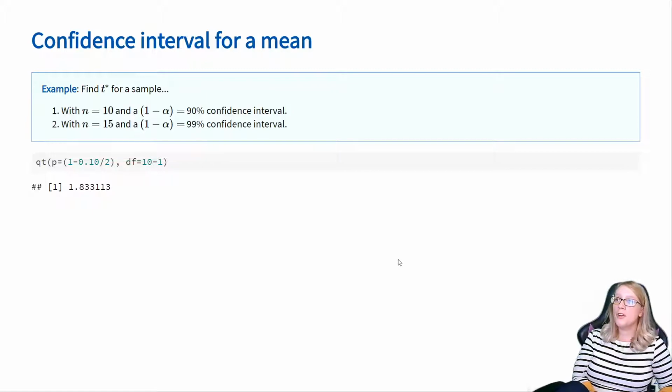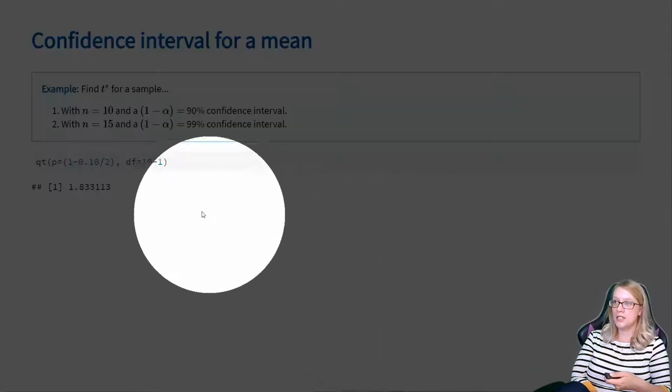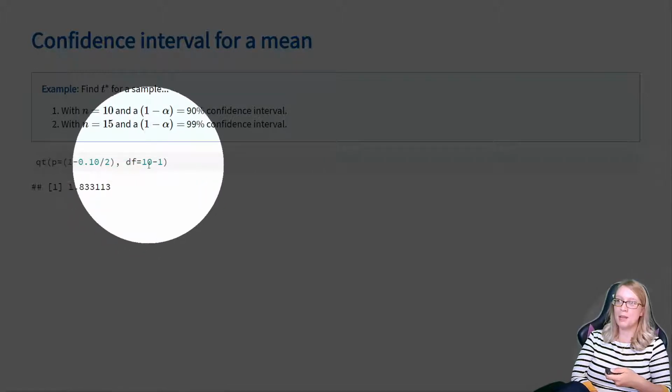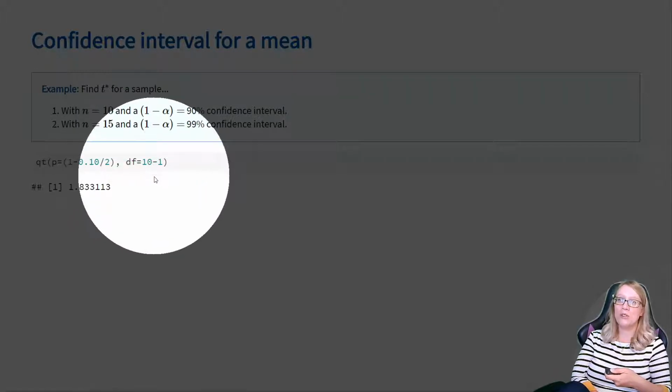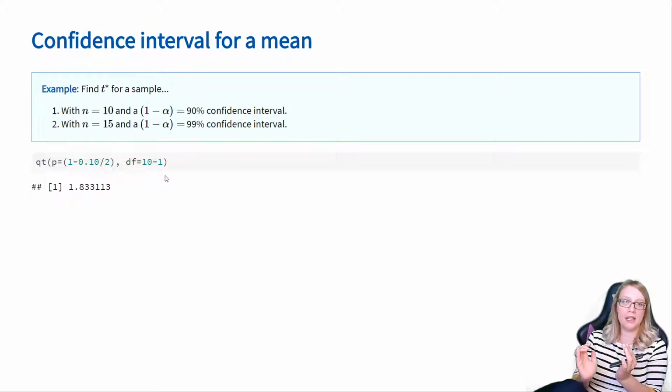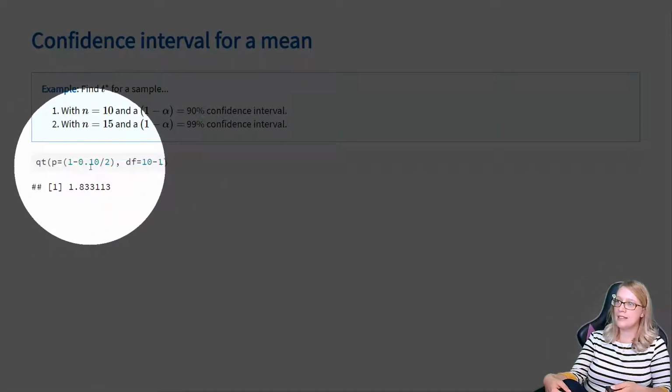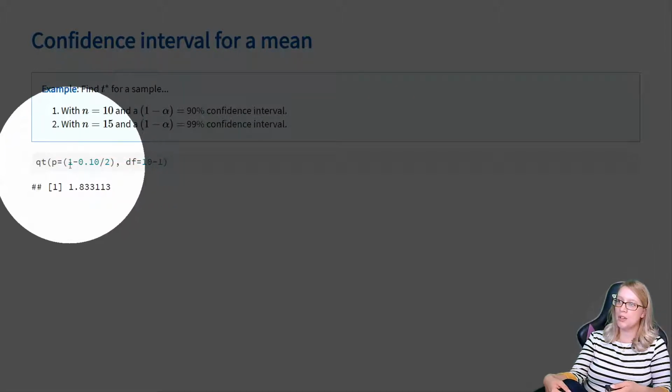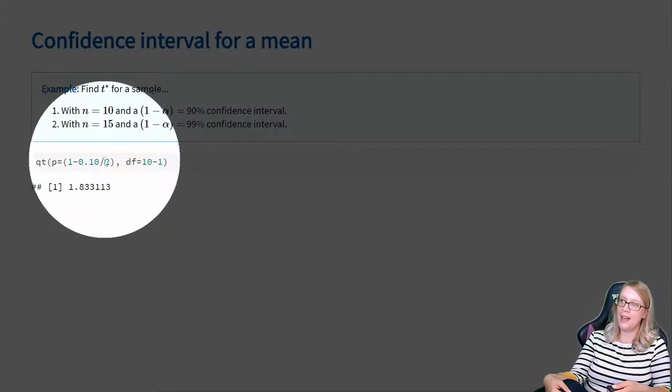So for our first problem here, notice the degrees of freedom, or the df argument, is our sample size 10 minus 1. What we would like to do is find the value from the t-distribution that gives us the middle 90% probability, just like the value of 1.96 from a normal gave us the middle 95% probability. So here, in order to get that, we will take 1 minus 0.10, so we're looking at the probability on the ends here.